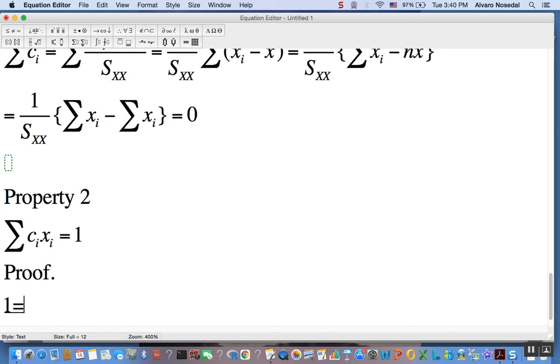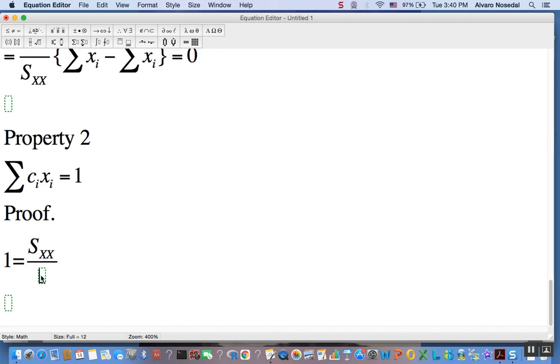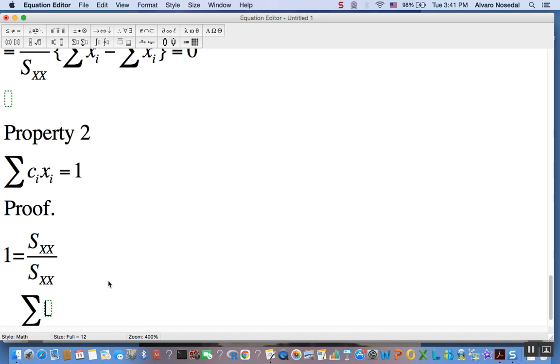Well, you guys agree that 1 equals sxx divided by sxx. Now it turns out that sxx is the same as the sum of the xi minus x bar squared.